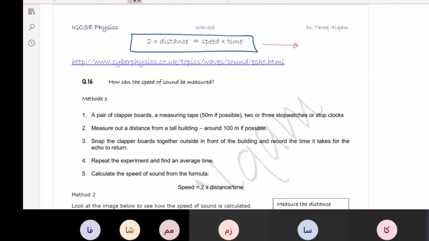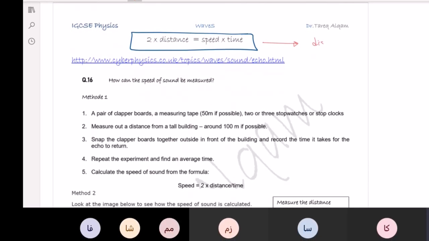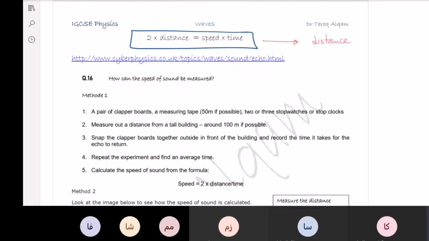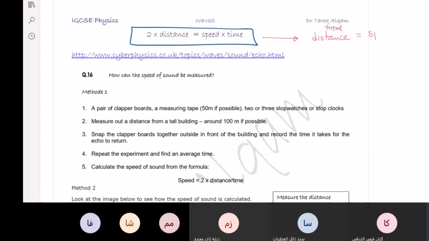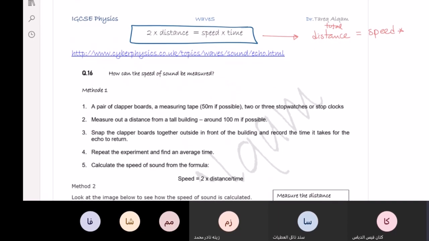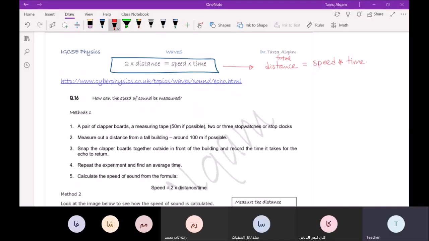I think you are familiar with this equation: total distance equals speed times time. I can find the depth of any sea or any ocean using this way. Secondly, I can also use the concept of echo to measure the speed of sound.